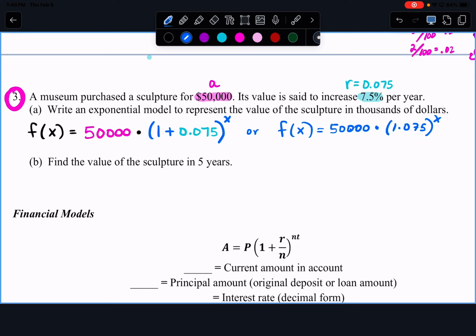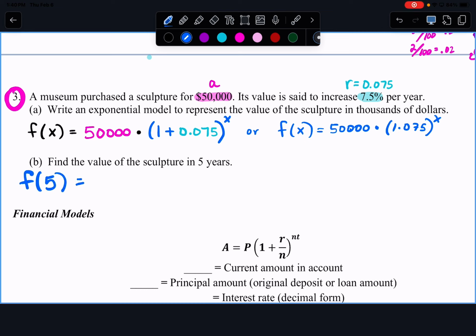All right, now after we find that function, we have to find the value of the sculpture in 5 years. So what do I need to do that? You have to put 5 instead of x. I need to plug in 5.